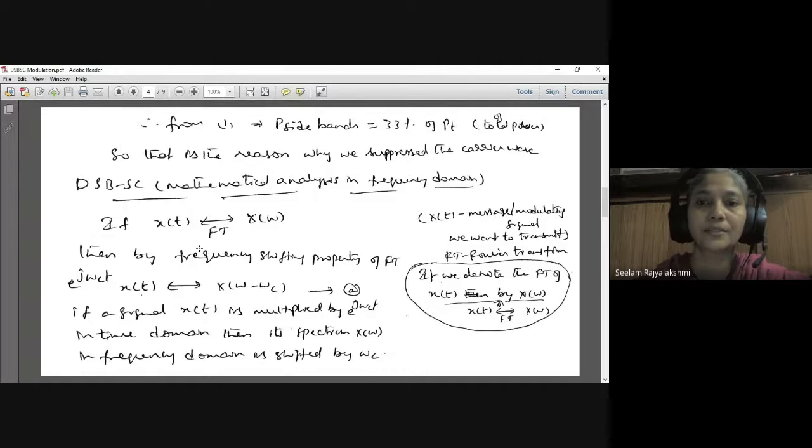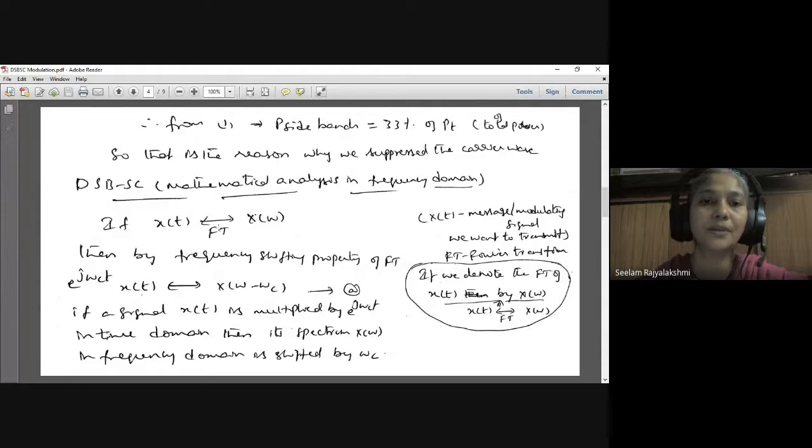So here x of t is the message signal or modulating signal. If we denote the Fourier transform of x of t by x of omega, we will obtain, that means here we are using the frequency shifting property of the Fourier transform.